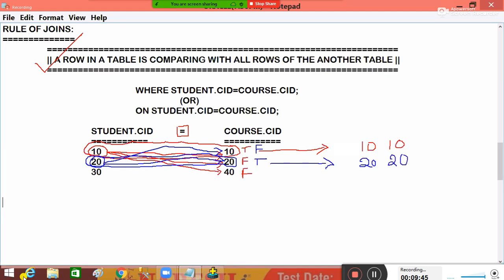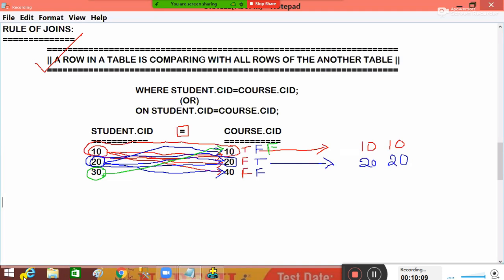Later, 20 is equals to 40, condition is false. So the second row is also successfully compared. Same as the third row, 30. 30 is equals to 10, false.